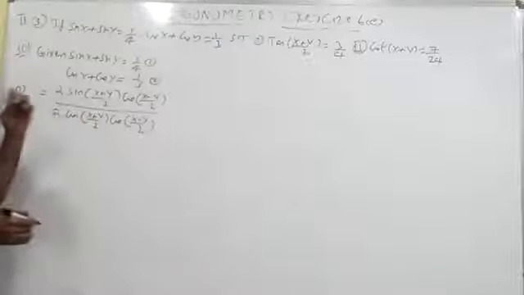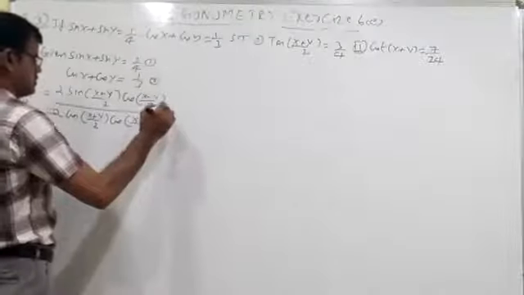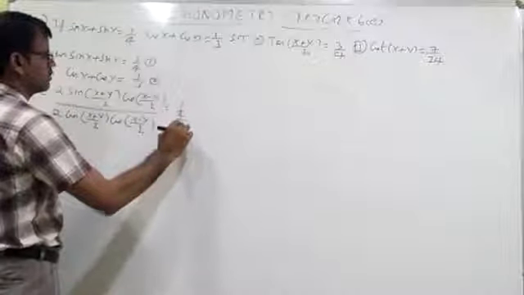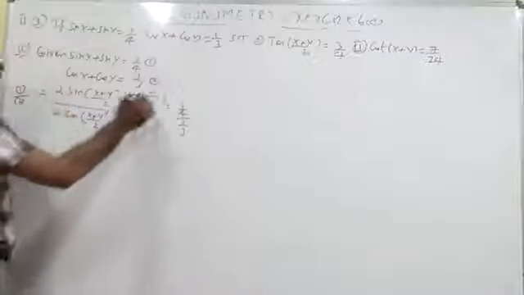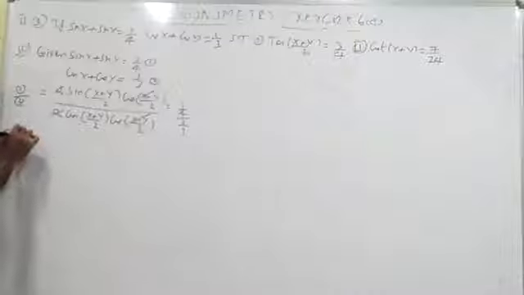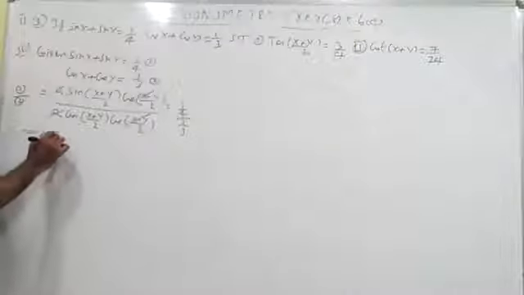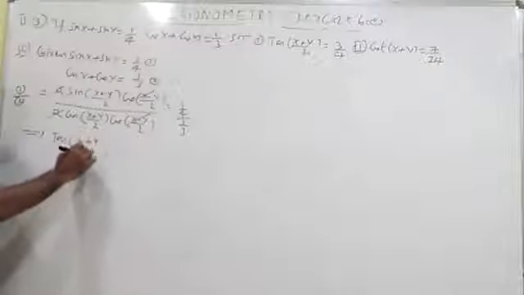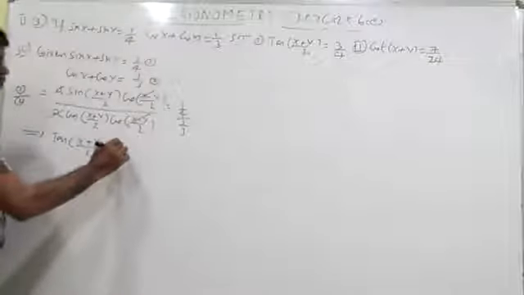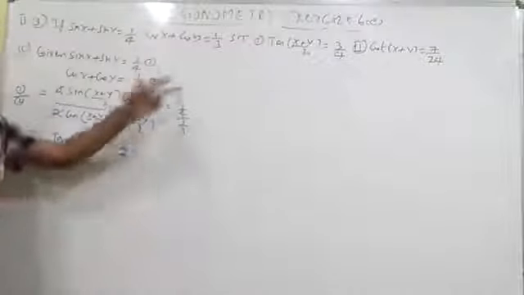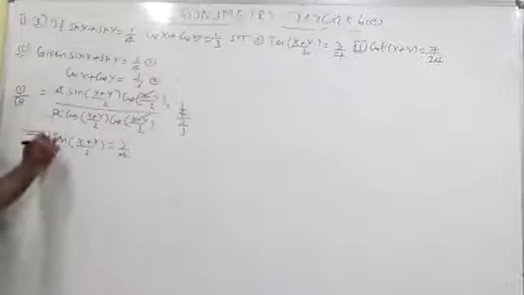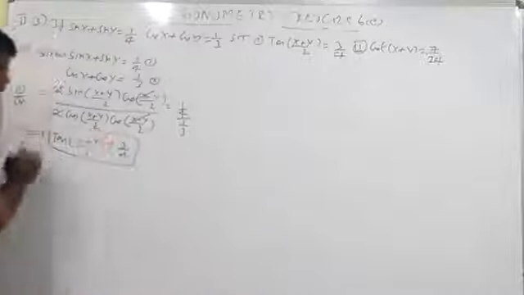Here you can write 1 by 4 by 1 by 3. 2 gets cancelled, cos of (x minus y) by 2 gets cancelled. So sin of (x plus y) by 2 by cos of (x plus y) by 2 becomes tan of (x plus y) by 2, which is equal to 3 by 4, as the 3 will be reversed. Now tan of (x plus y) by 2 we got.